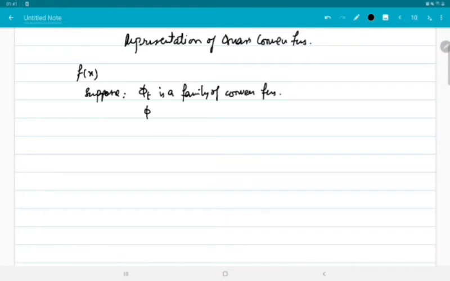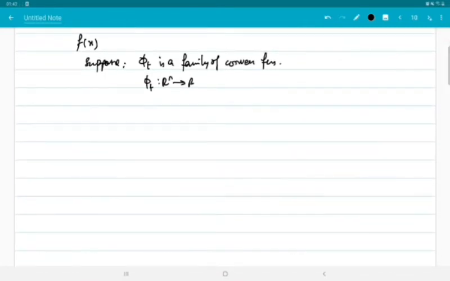So let phi t be defined over R into R, just like f, and they are indexed by t, and this index t is necessary. It doesn't have to be natural numbers. It is basically a continuous index. That is how the indexing is done in this case. So this is how the representation is done.